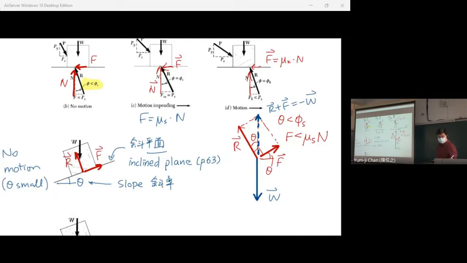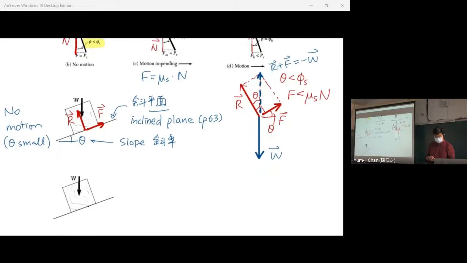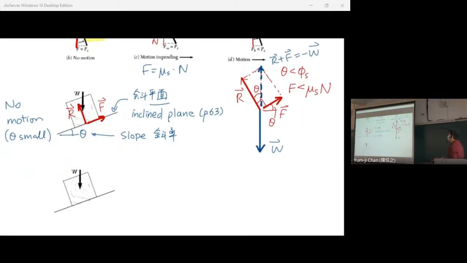Because the angle is very small, we have a small fraction. So this fraction is smaller than mu s times N. Now in this case, because we have a small angle of incline, it will not go down.